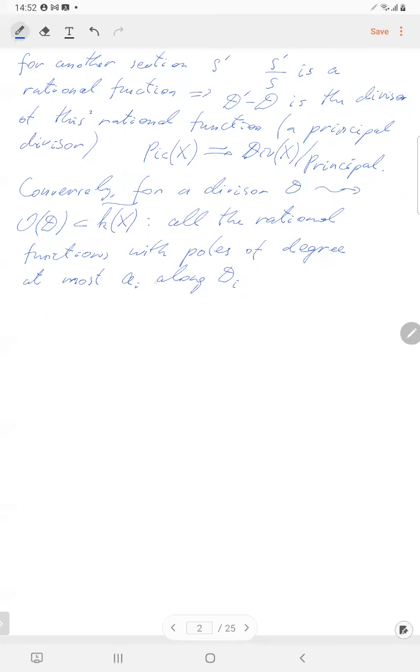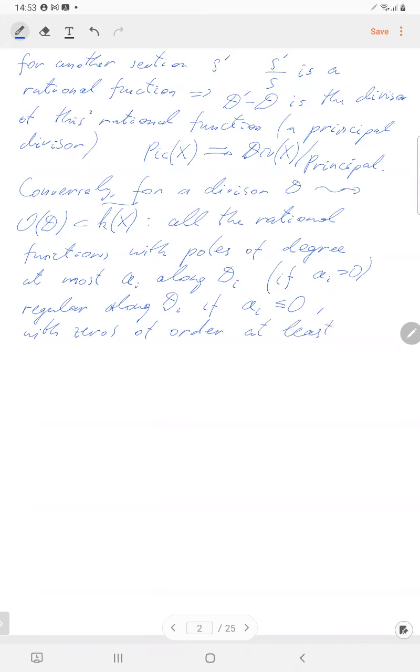And this is in some generalized sense. So it means that if ai is positive, poles of order at most ai along Di, and if ai is non-positive, regular along Di with zeros of order at least negative ai.